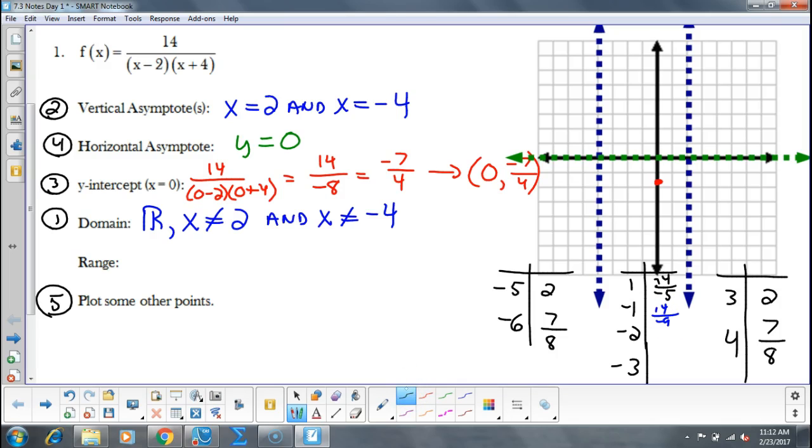For -2, I got 14 over -8. And for -3, 14 over -5.